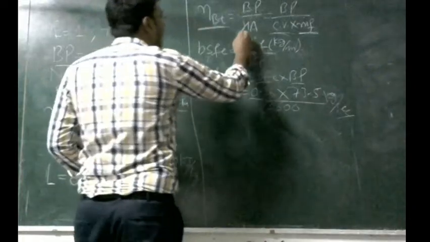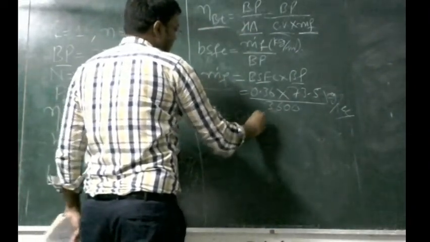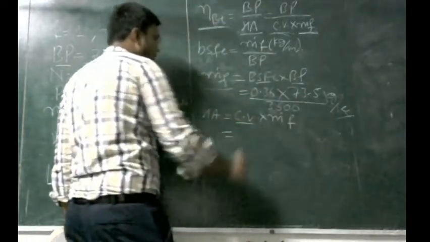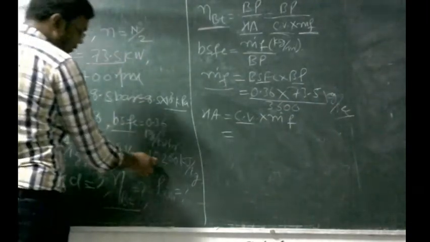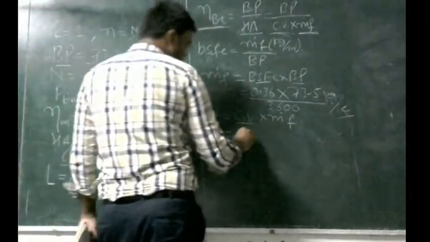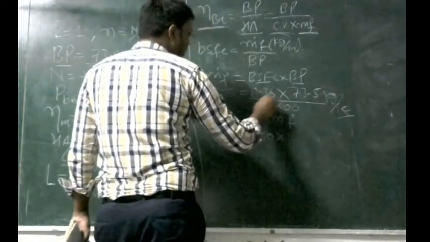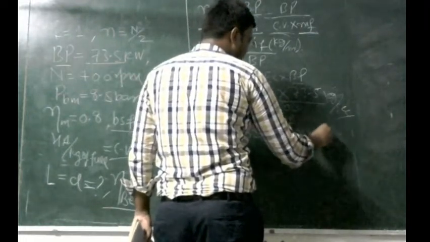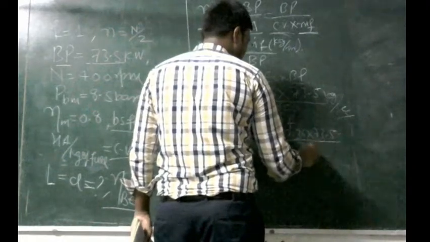Now we first calculate the value of heat addition. Heat addition is equal to calorific value into m dot f. So what is the value of calorific value? Calorific value is equal to 43,260, into m dot f, which is 0.36 into 73.5 divided by 3600.